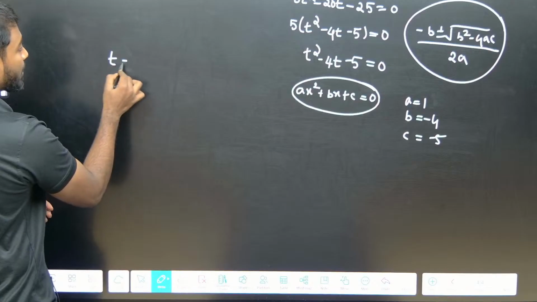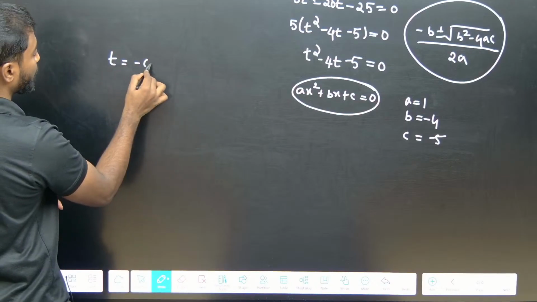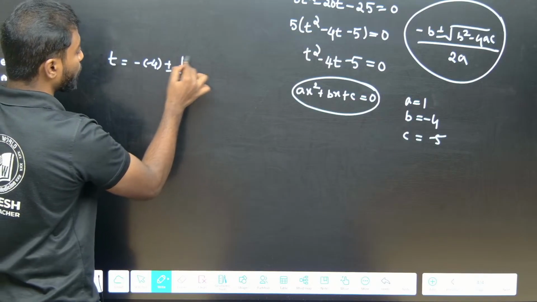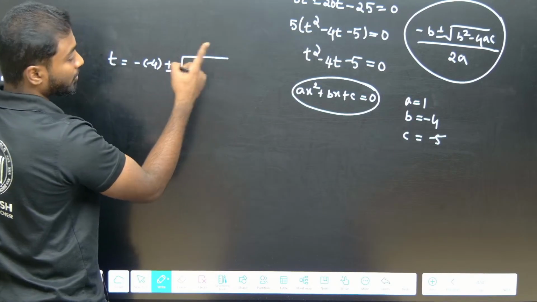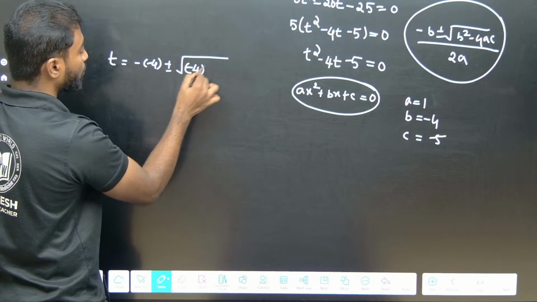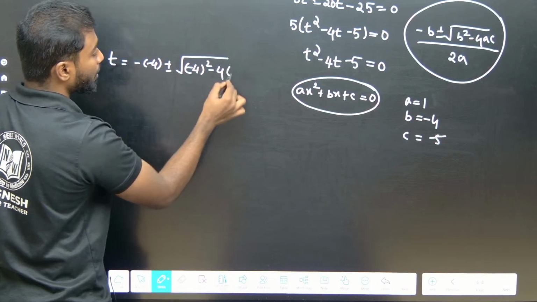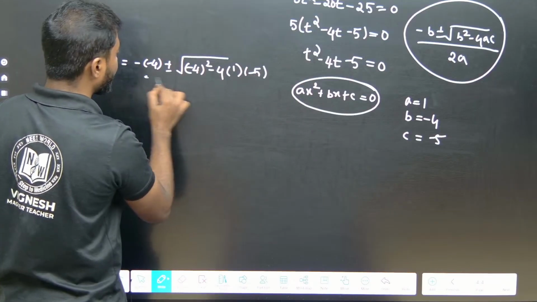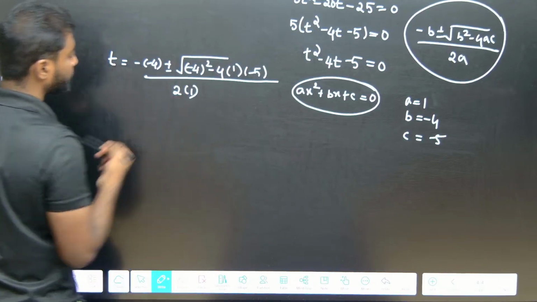So t will be equal to minus b, in the sense minus of minus 4, plus or minus root over b square, so minus 4 whole square, minus 4 into a, which is 1, into c, which is minus 5, divided by 2 into 1.